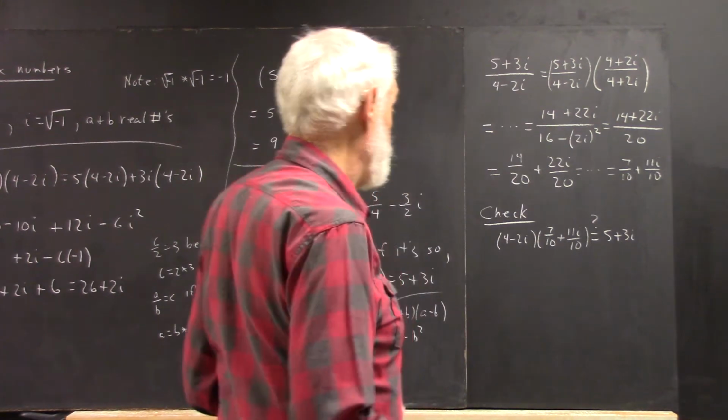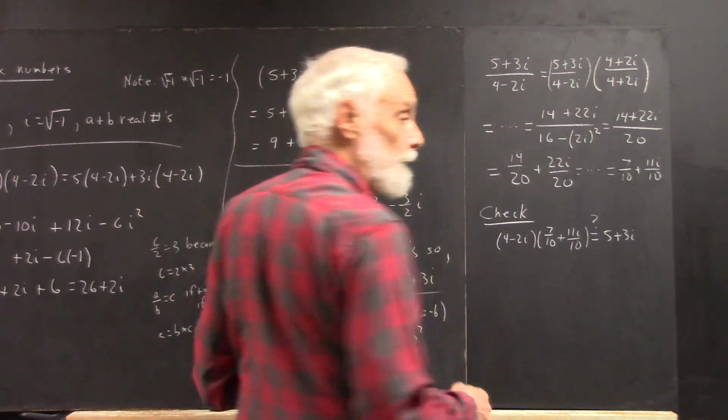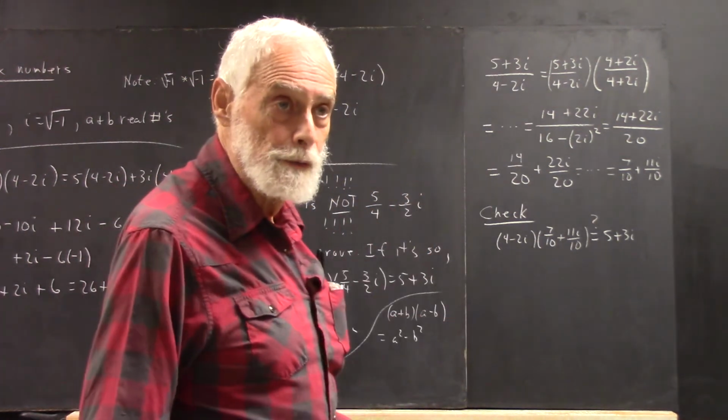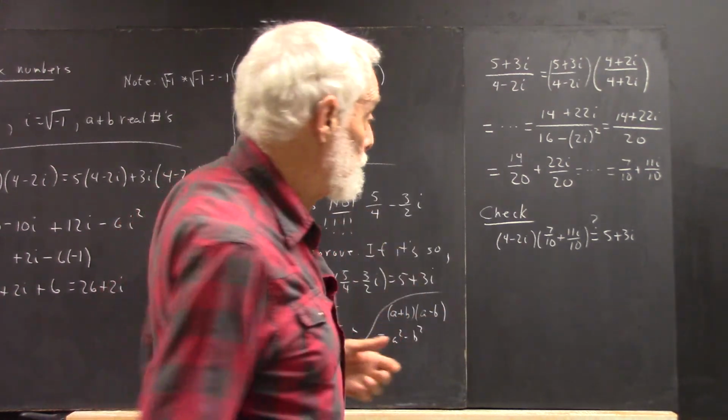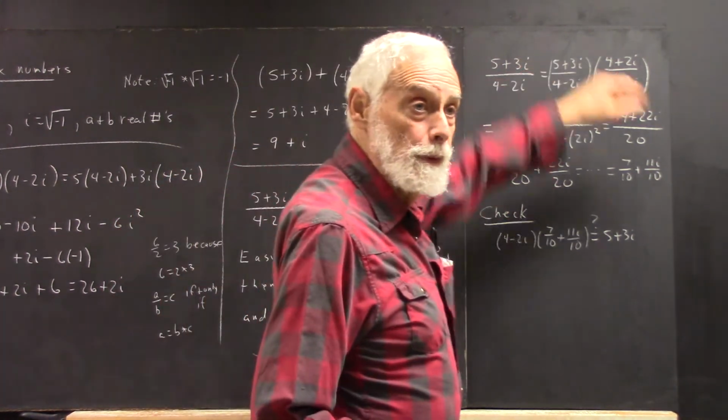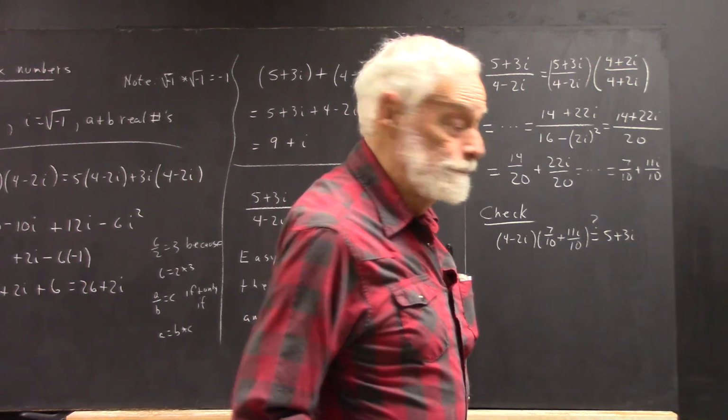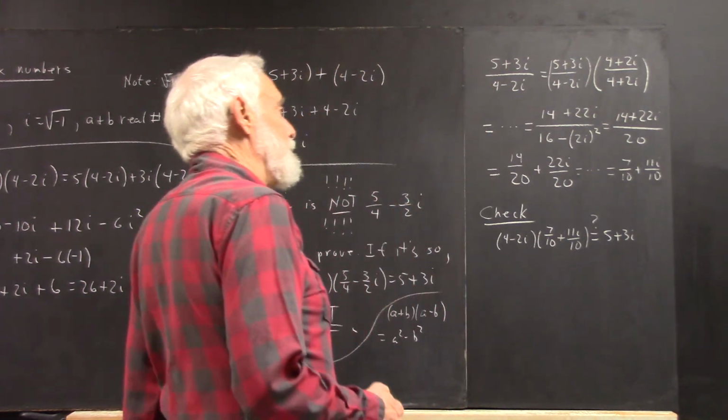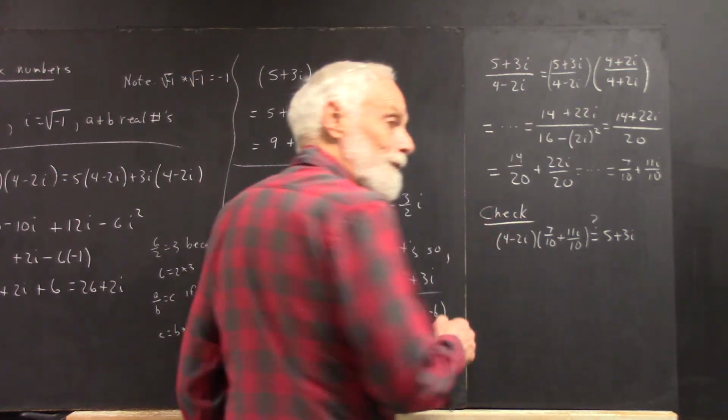Okay? Anyhow, let's check this out and see if I did it right, because I'm prone to make arithmetic errors. I think I was careful, but I did that distributive law step in my head. So let's check it out.